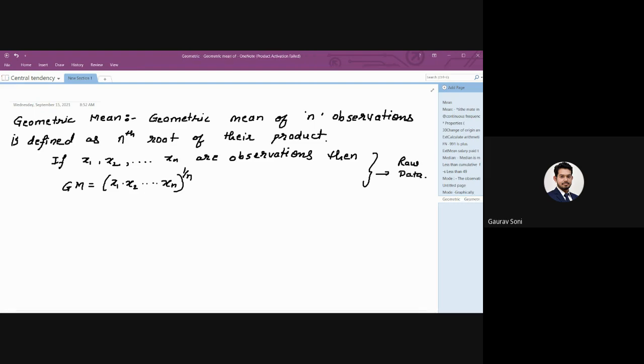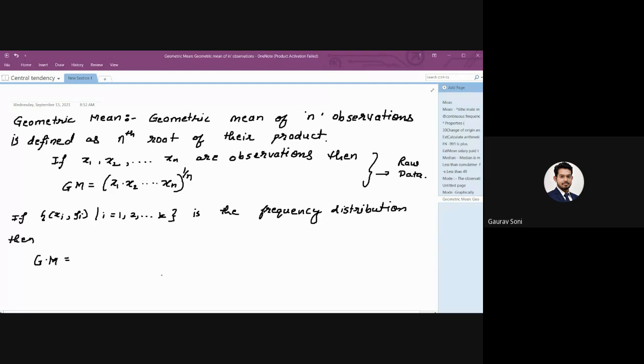So if we have the observation in this form, say if we have xi comma fi, where i is running from 1, 2 up to k, is the frequency distribution, then first of all, I hope you understand what we mean by this xi comma fi.